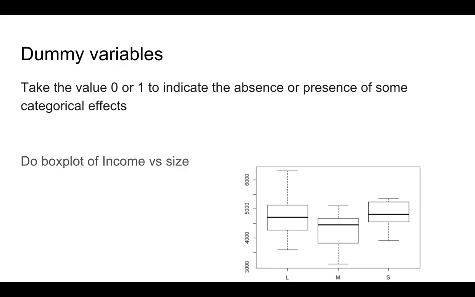I would like you to, similar to the homework, do a box plot of the income versus the size. I think you'll be able to see the same plots that I have.